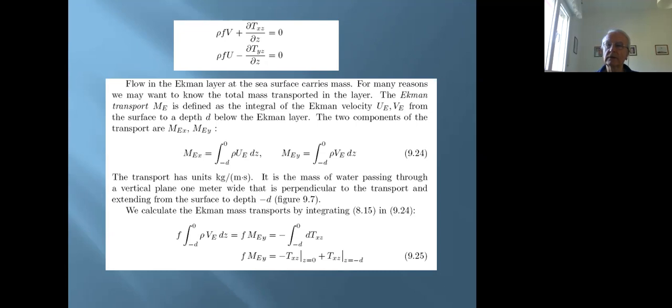So we do this integration over the x and y directions using the x and y velocity components, and we calculate the Ekman mass transport. We obtain that the Ekman mass transport is proportional to the friction at the surface and the friction at the depth of the ocean.